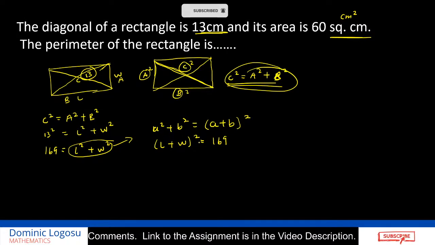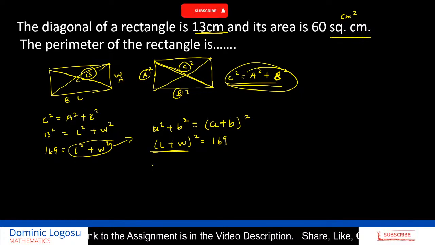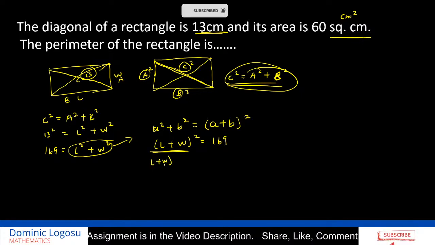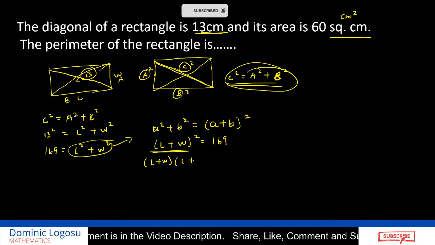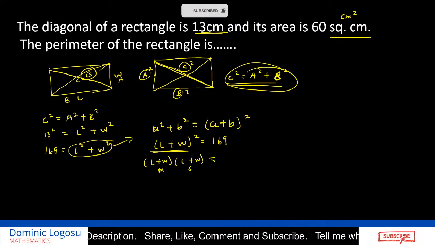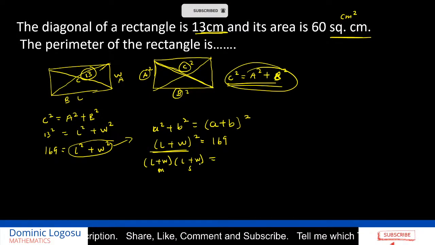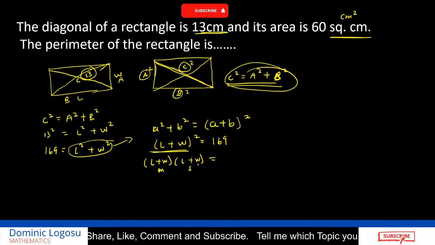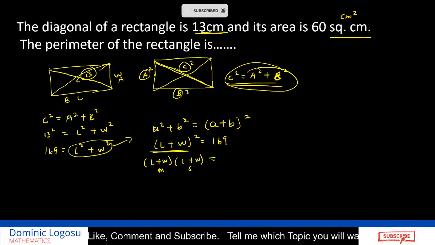So once we've established this, we can solve the binomial. Solving this binomial means L plus W, and then L plus W. Okay, remember master, slave. If you are confused at this, please watch the videos on polynomials or factorization. It's there.